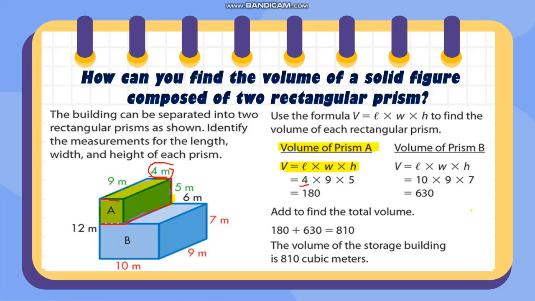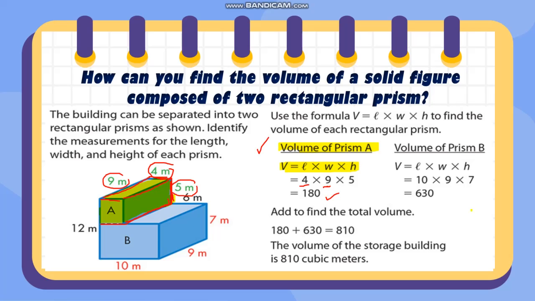Your width is this, the same here, and the same here. So that is equivalent to 9 meters. And where is your height? Your height is this, which is equivalent to 5 meters. So 4 multiplied by 9 multiplied by 5, so 36 multiplied by 5, that is equivalent to 180. So we're done with the volume of prism A.